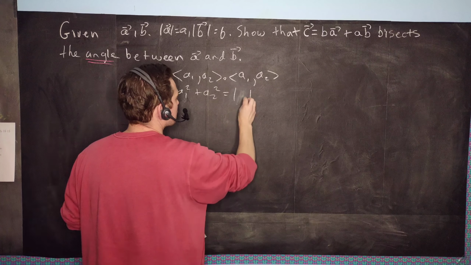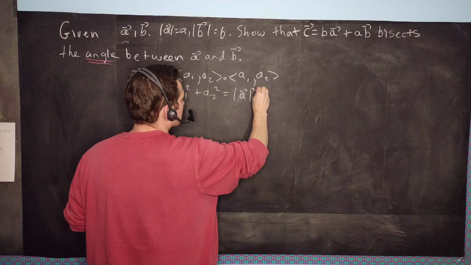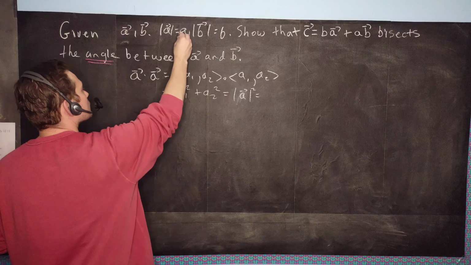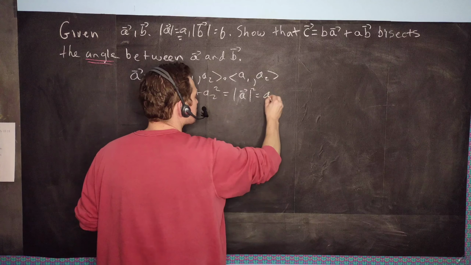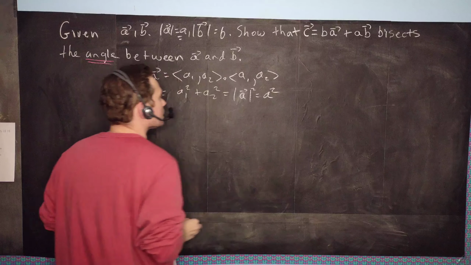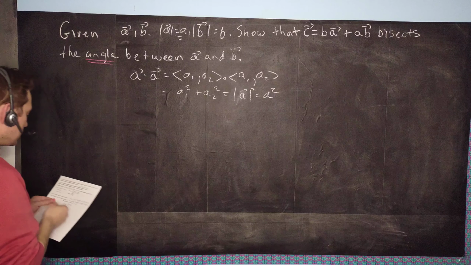In this case, we're using this notation, where the magnitude of a is just written as little a, so it's a squared. Okay, we should know that. We'll use it here. Now that tool's in place.